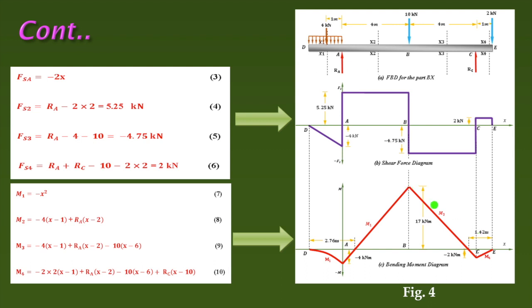Again, the third part, this M3 equation, is also a straight line, but here the value of bending moment changes from 17 kilonewton to minus 2 kilonewton meter. Meaning again a change of sign, where we have found that the distance of this contraflexure is 1.42 meter.